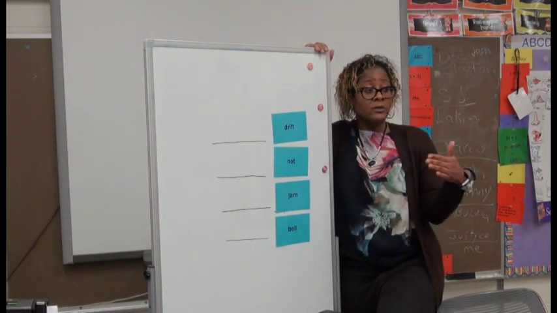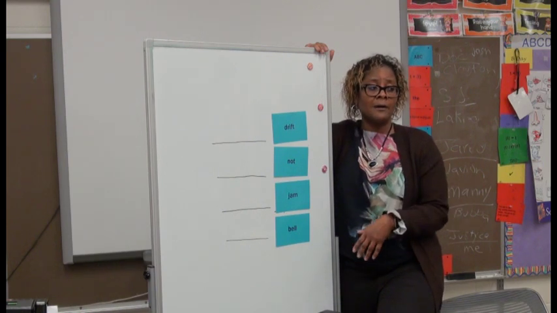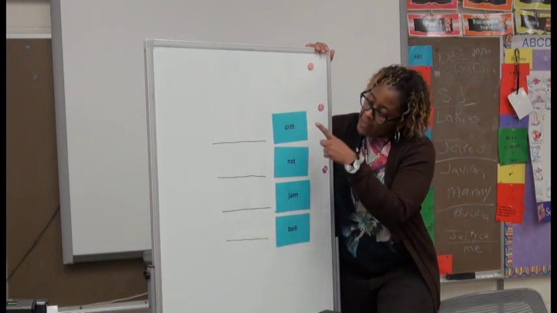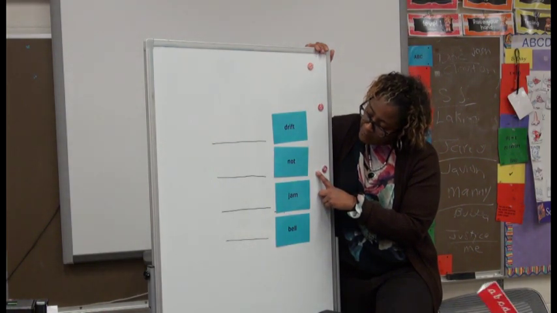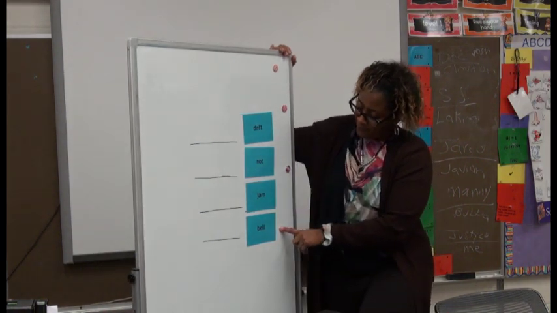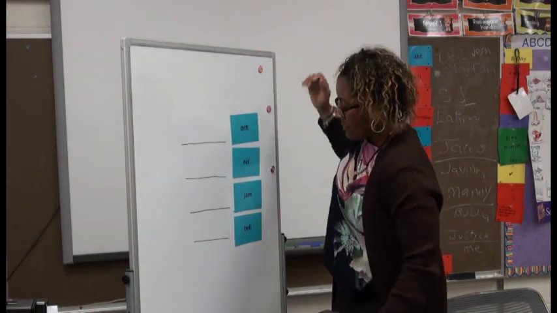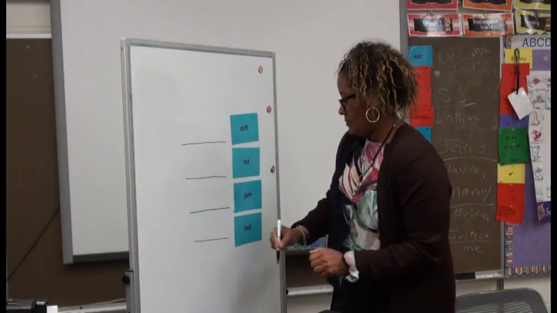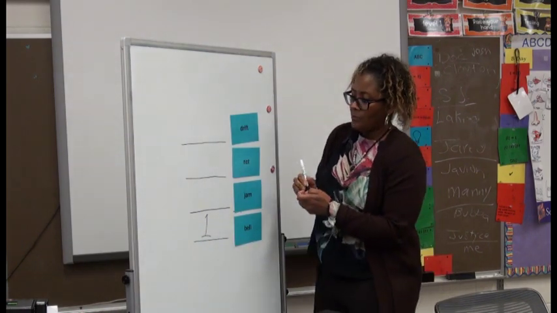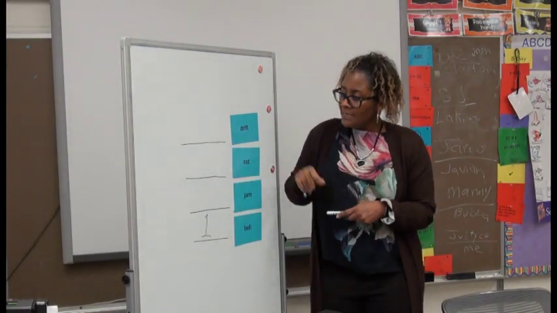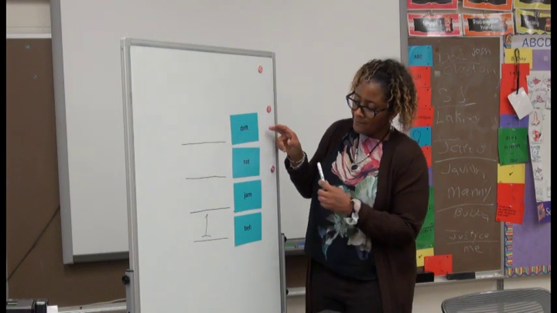So I'm going to go through the alphabet, and you're going to tell me to stop. A, B, stop. B, definitely B. Okay, so that will be our number 1. We stopped at B. C, D, that's the top.